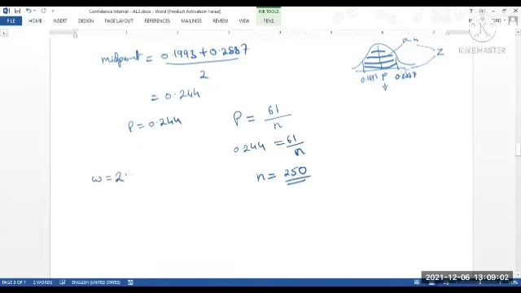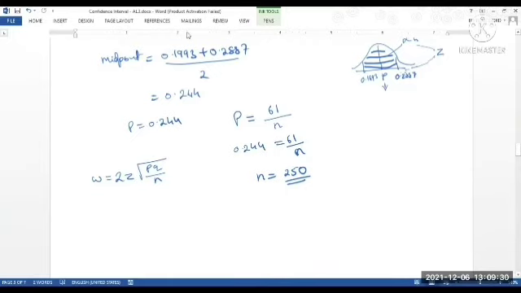Width equals 2z times root of pq over n. So width is actually upper limit minus lower limit. P is the proportion. We have it here, 0.244 or 61 over 250. Q is 1 minus that. N is the total, which is 250, and hence you can get the value of z.